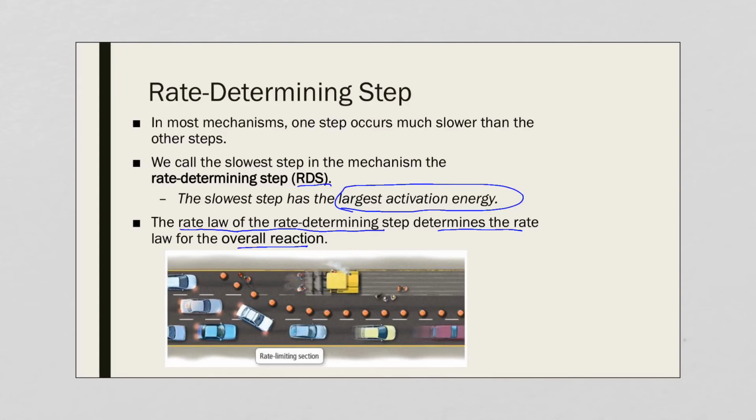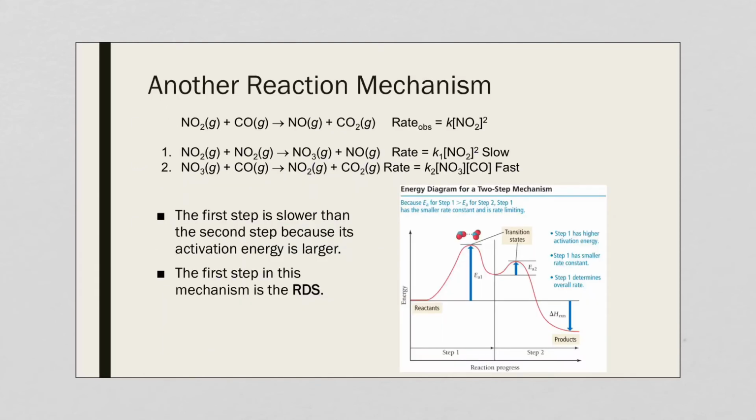So let's look at a mechanism here. So here's another mechanism. We're looking at the reaction of NO2 plus CO goes to NO plus CO2. Now, this has an experimentally determined rate law. That's why we say it's observed. We've done some kinetics experiments, and this has been experimentally determined.